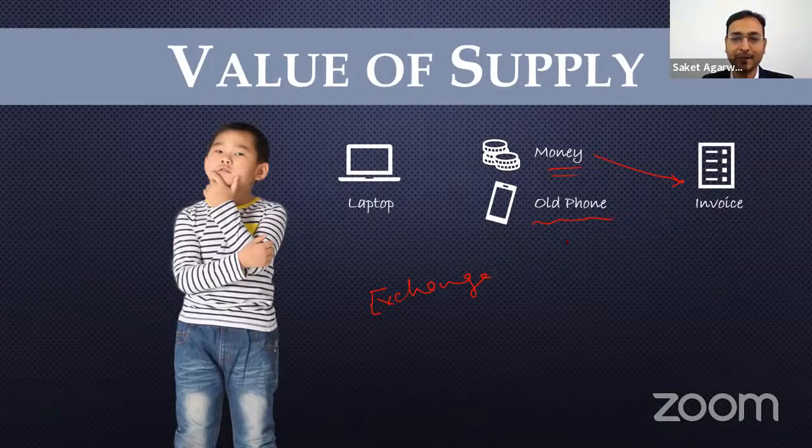Should we multiply 18% GST only on the money portion and totally ignore the value of the phone? Let's say the laptop was for 60,000. Because the buyer is giving his old phone, only 50,000 rupees is being collected from the buyer. On the invoice also only 50,000 rupees is mentioned. Now this 18% GST which has to be charged, will it be charged only on the 50,000?